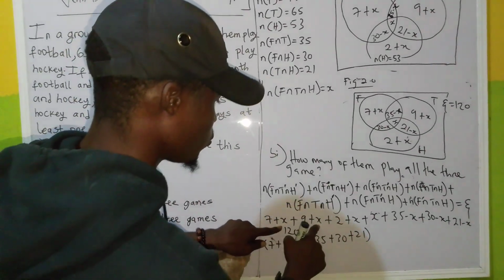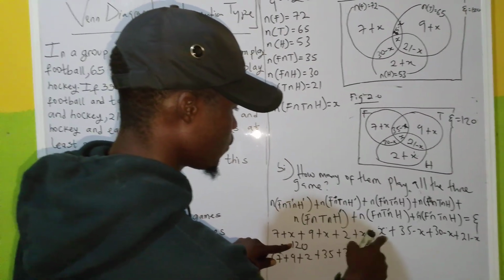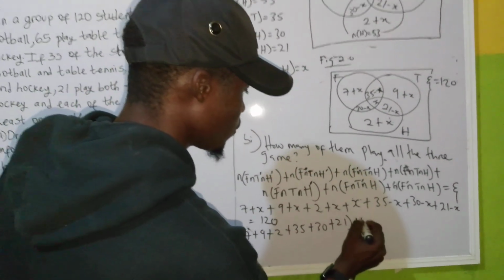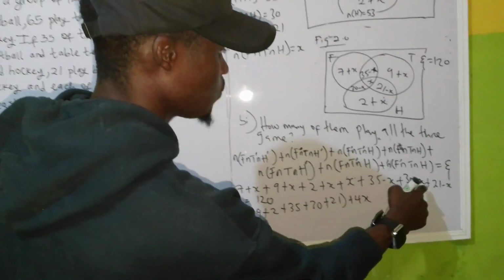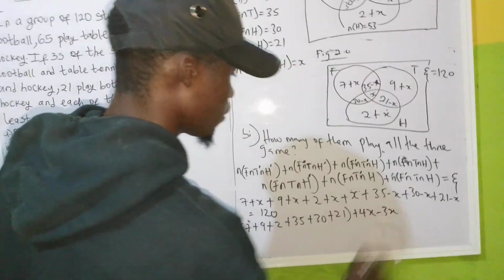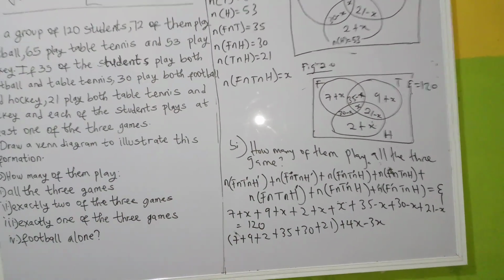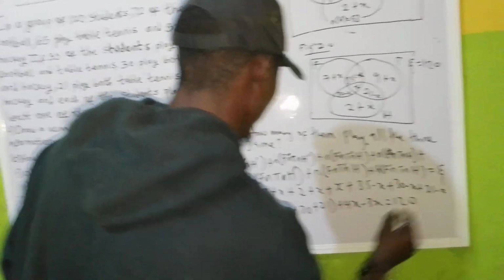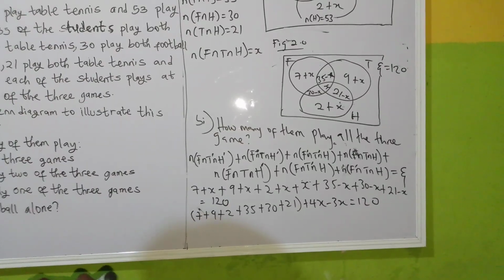Then x plus x is 2x, 3x, 4x, so 4x minus x minus x minus x, minus 3x, minus 3x, equals 120.